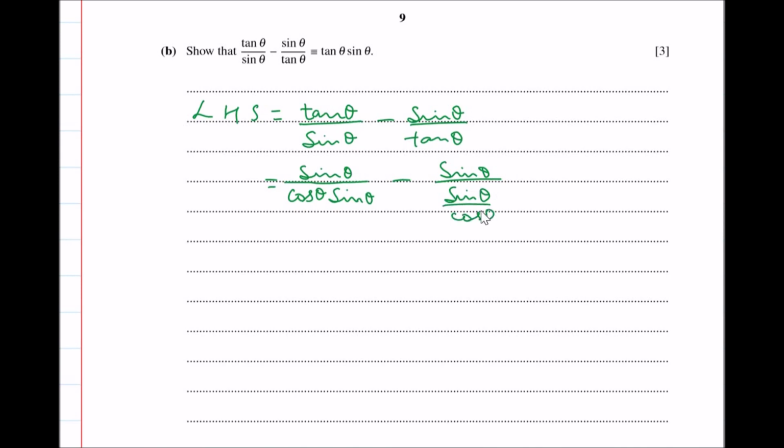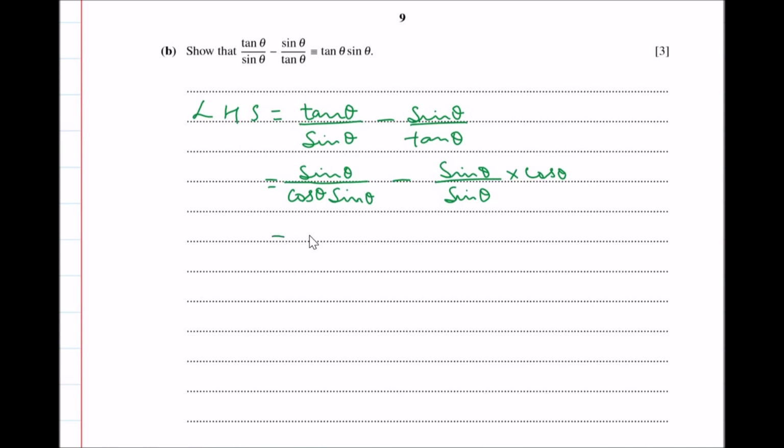So here cos theta. Now what we can do is, dividing by cos theta will go up in the numerator, and we can write like this. That cos theta comes here. Okay.